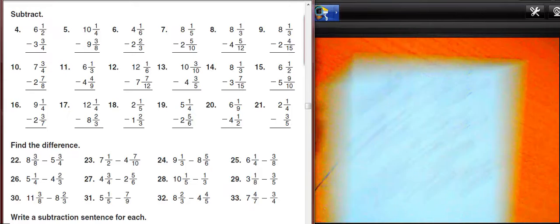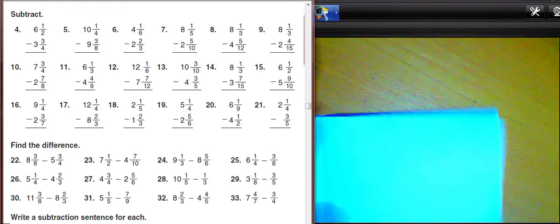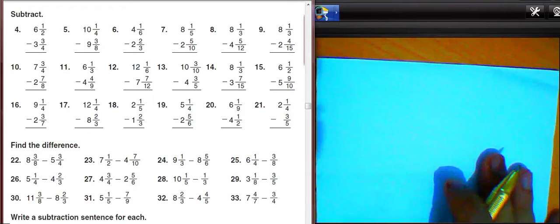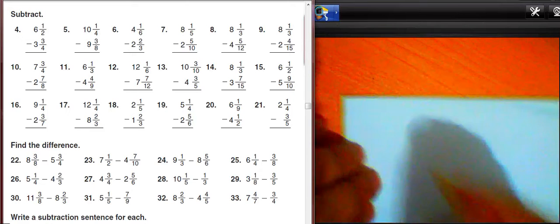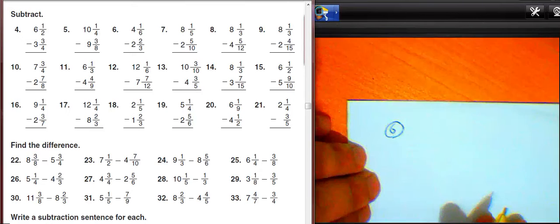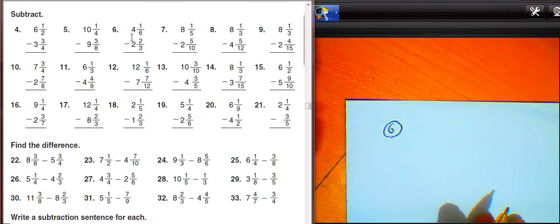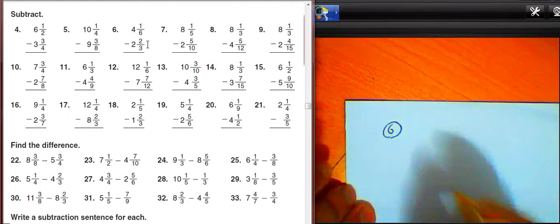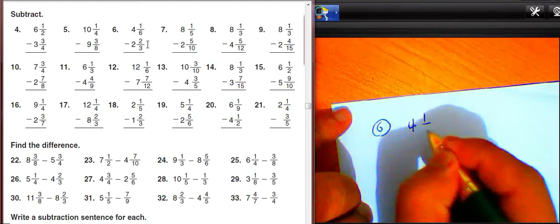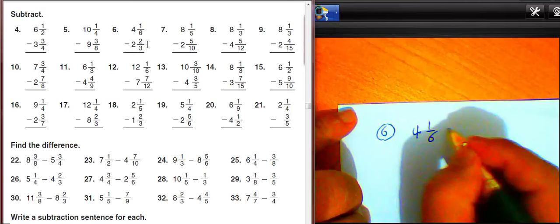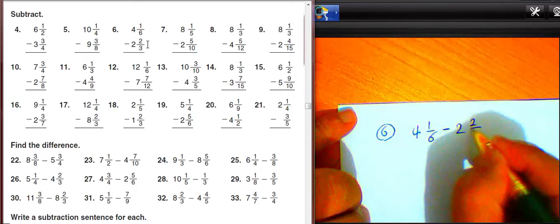What about question number 6? You can see it here on the left hand side. 4 and 1 over 6 subtract 2 and 2 over 3.